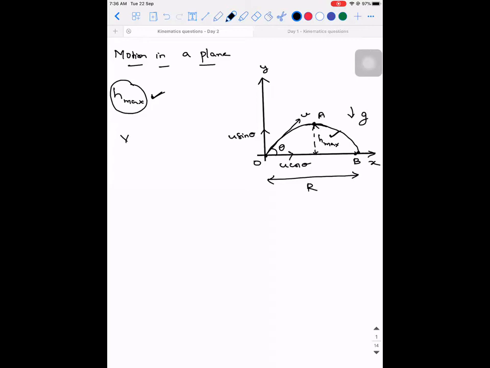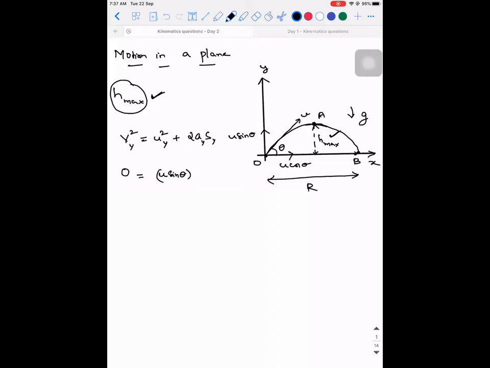So apply V square is equal to U square plus 2AS in which direction? In the Y direction. When you take it in the Y direction, what will happen? At the highest point, the vertical component of velocity is always zero. So it is 0 is equal to, what is the vertical component of initial velocity?